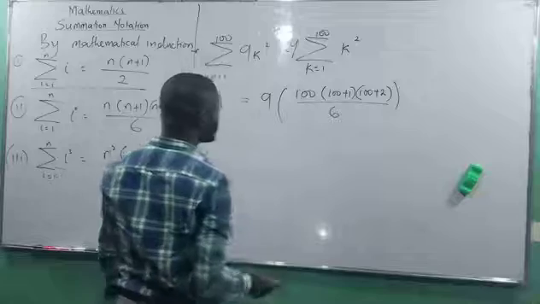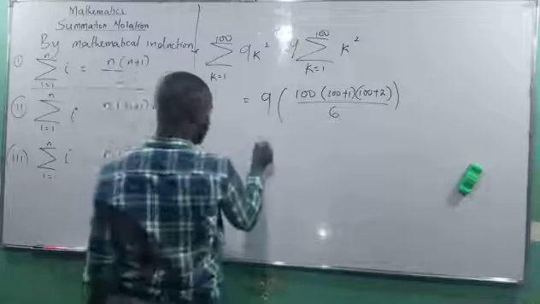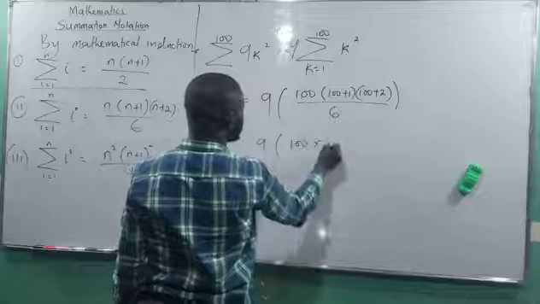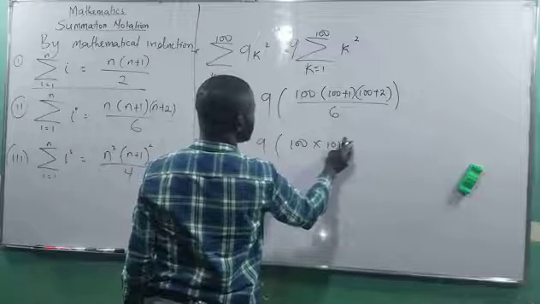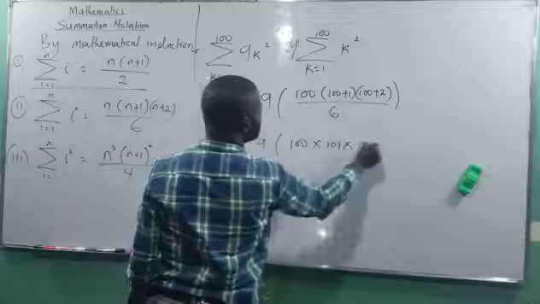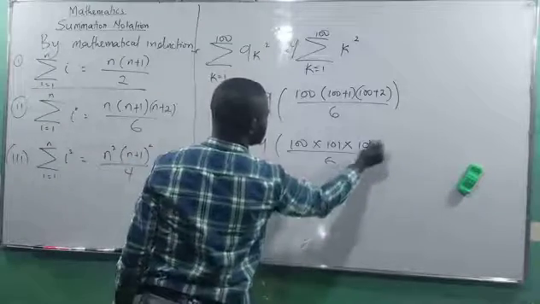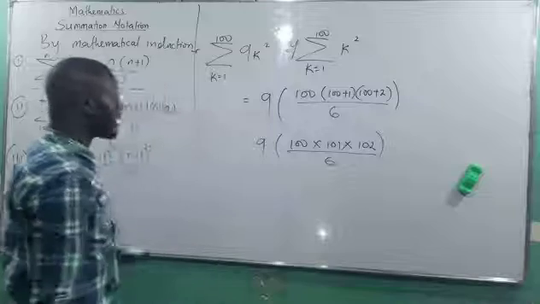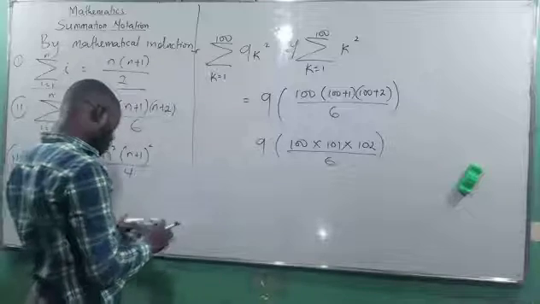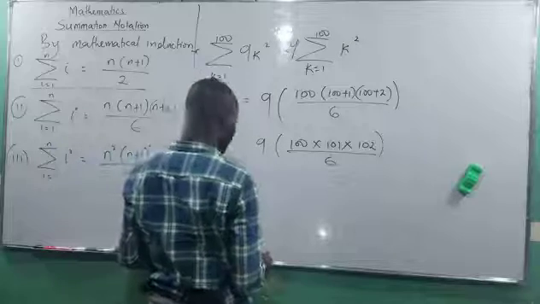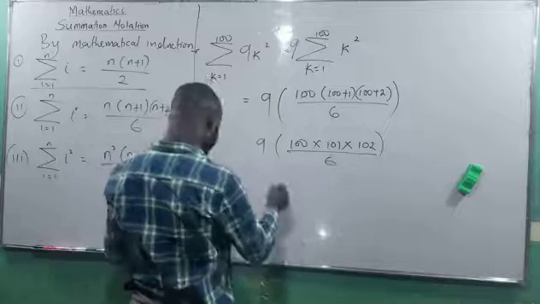So I'll be having 9 bracket of 100 multiplied by 101 multiplied by 102 divided by 6. Now, at this junction, I can multiply and do all sorts of things, by your calculator, by your machine.